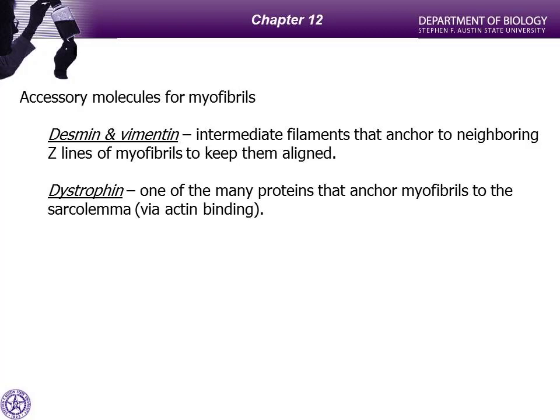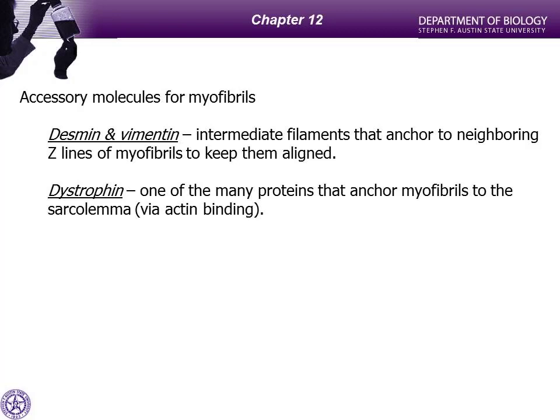Desmin means muscle. And so if you have a metastatic cell that expresses desmin, you start looking for that tumor in the muscle. And that's the key for desmin being critical for a lot of clinical evaluations.